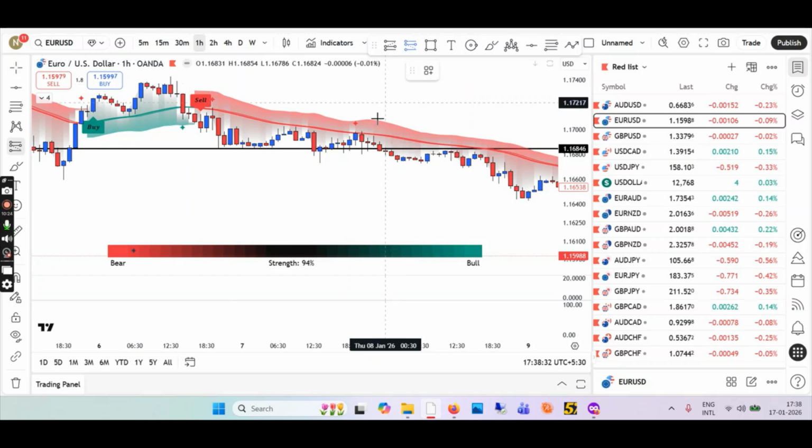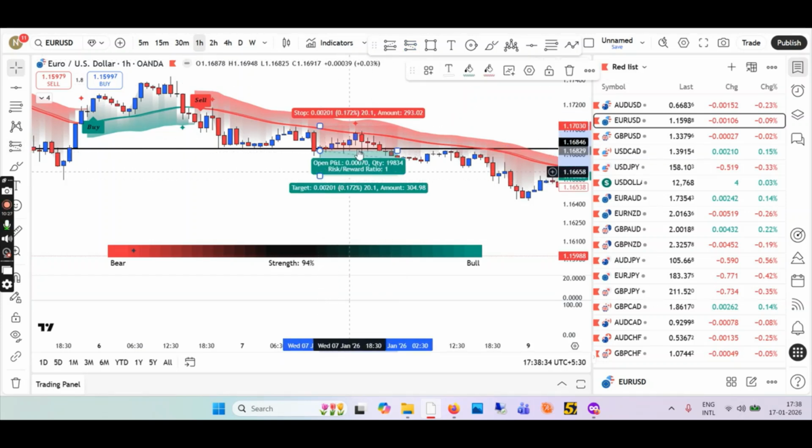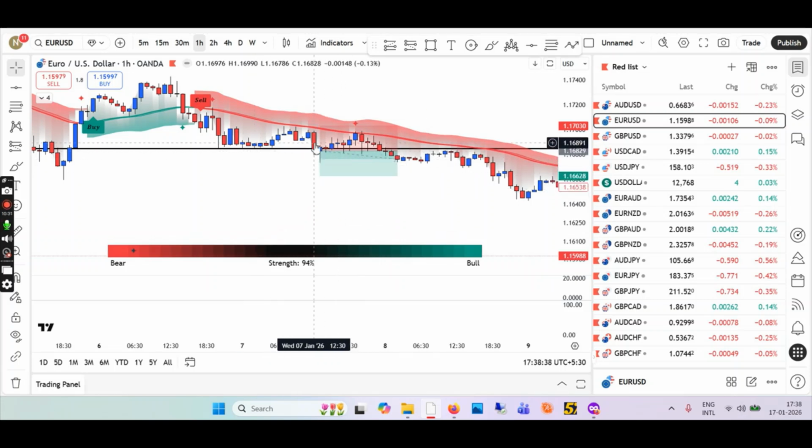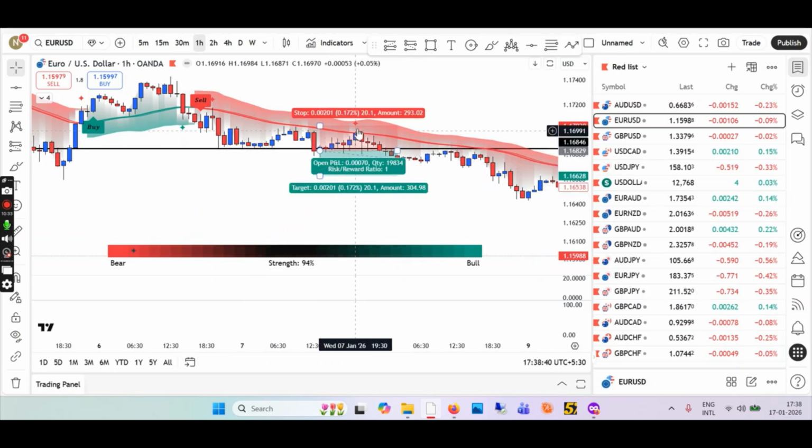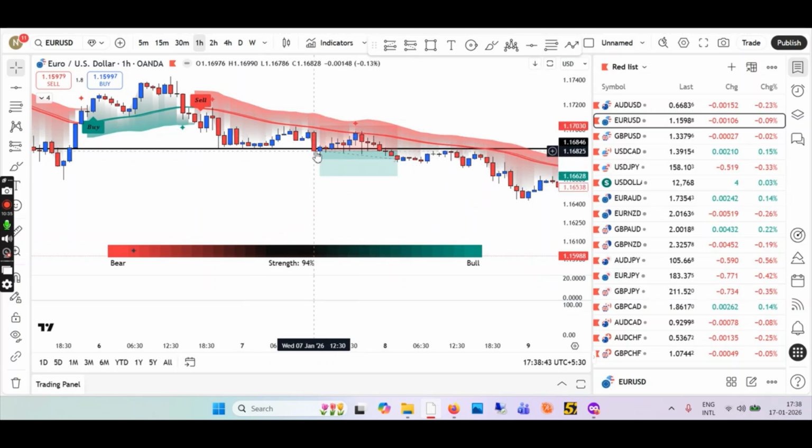So our short position will come either here, or you can wait for the rejection from the EMA. Sometimes price will directly go down and will not reject the EMA. So I entered right here when the price broke the previous swing low. Do you understand? Sell signal came, swing low was formed, and then we just wait for it to break.